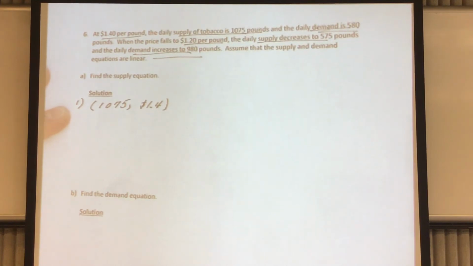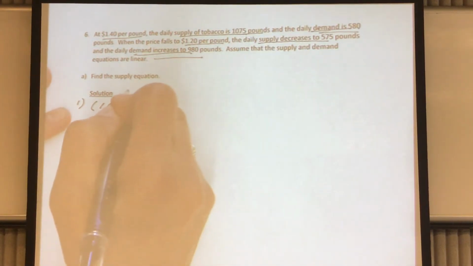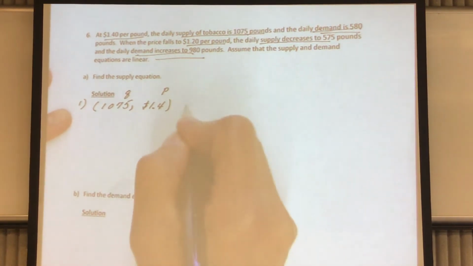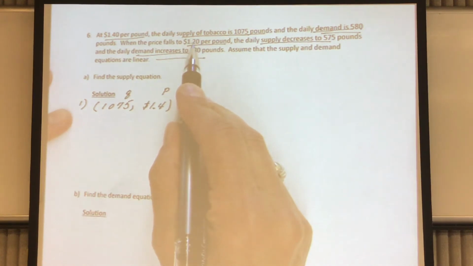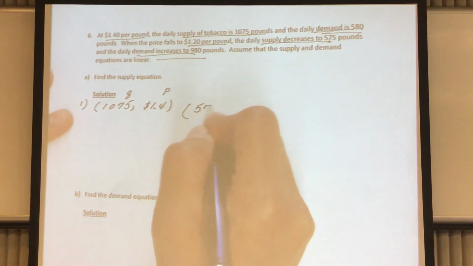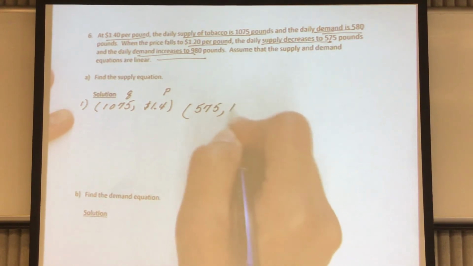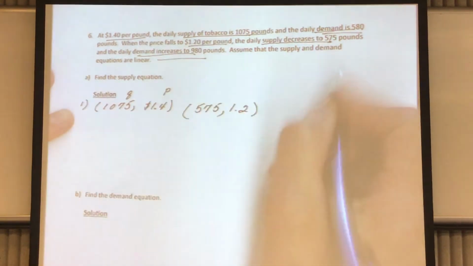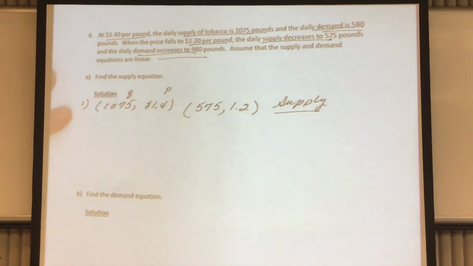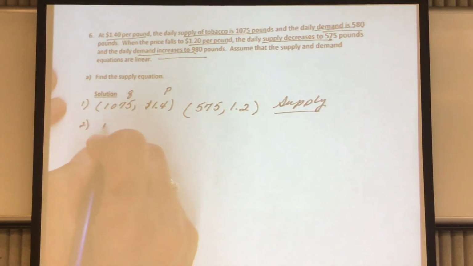Again, remember our quantity is our X and our price is our Y. And then to find the other point for the supply, when the price is $1.20, the supply decreases to 575. So we have 575 at $1.20, and these are our supply points. And then once we have the points, we have to find the slope.